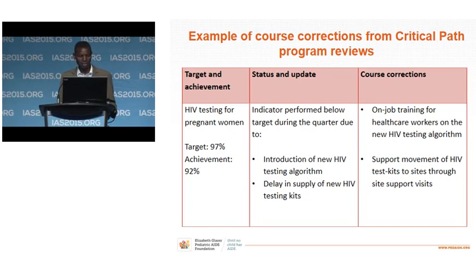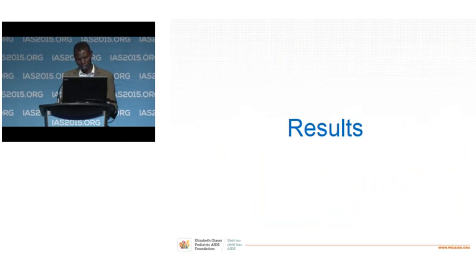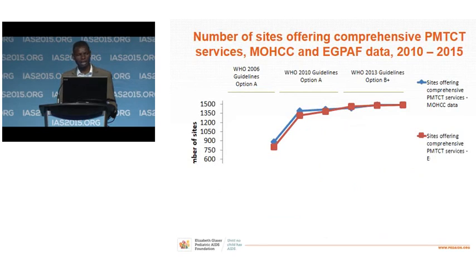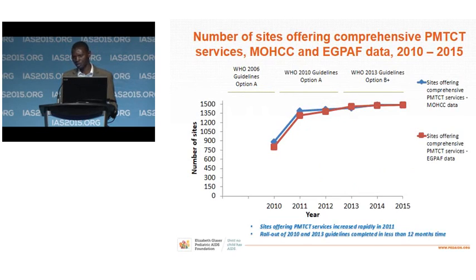And this included the indicator on retention of mothers on antiretroviral therapy, which we started tracking in 2012 as part of course corrections in the program, when we started implementing an electronic patient monitoring system in selected health facilities across the country. And I put a note here that this electronic system was not designed to be linked from facility to facility, so it would simply track retention of the women at specific health facilities.